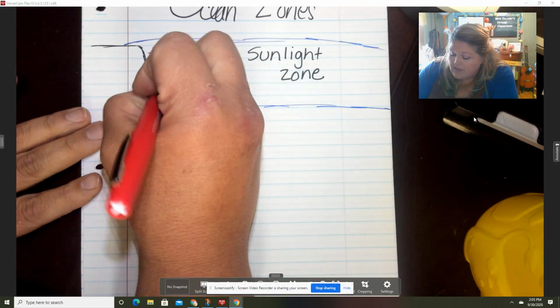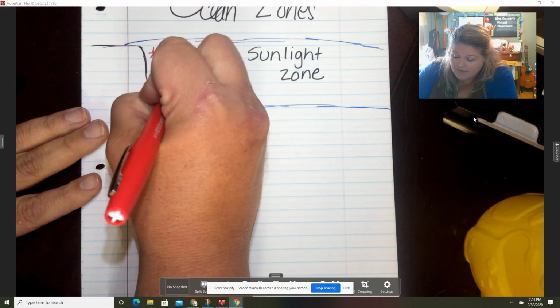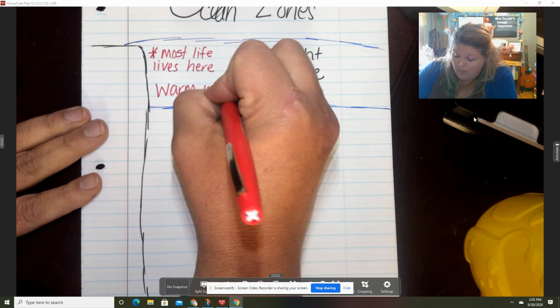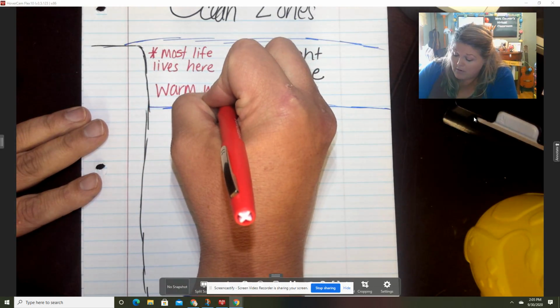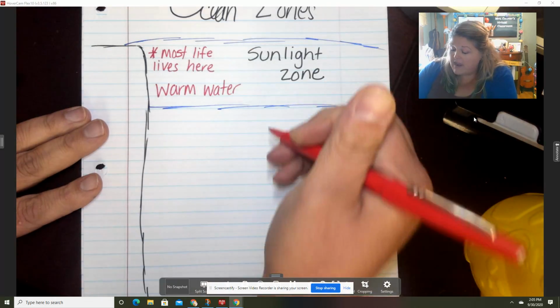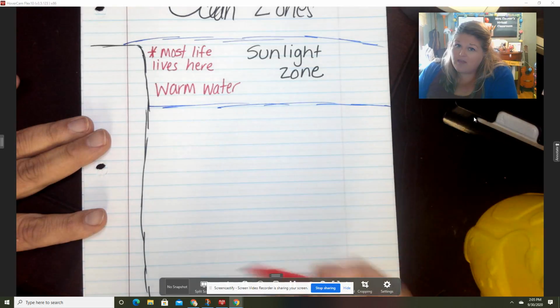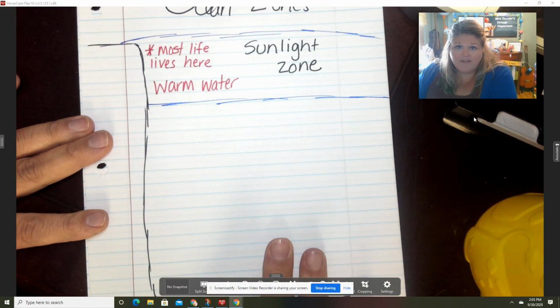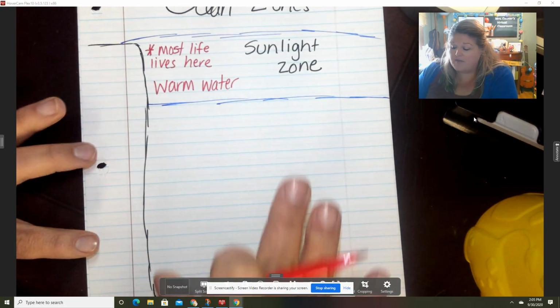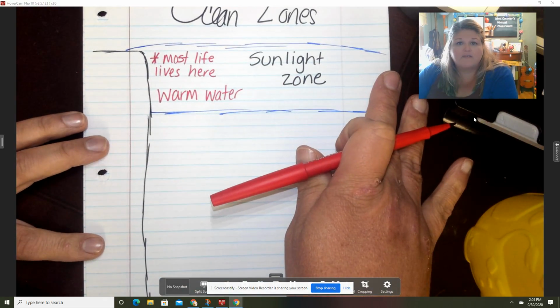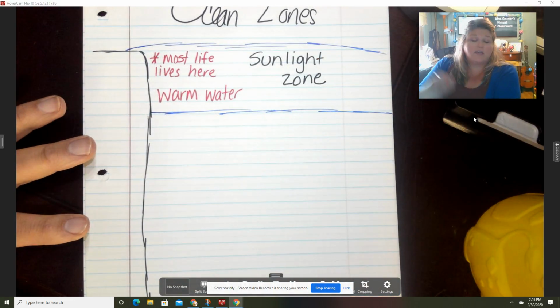The water here is the warmest. Okay, because again, why would it be warmer than an area down here? Well, if the sun can't be down here, it's not going to be able to warm it up. So the warmest water is going to be at the sunlight zone, because that's where the sun can get through to.